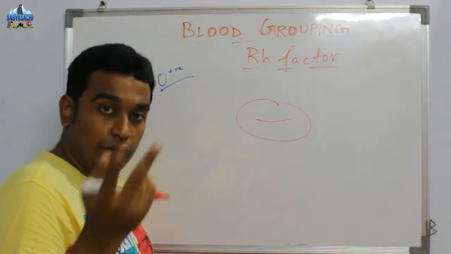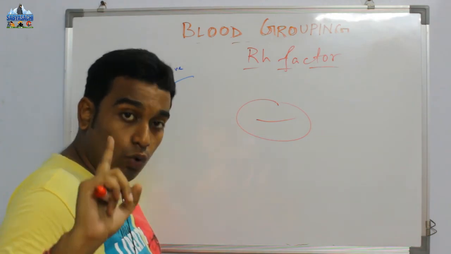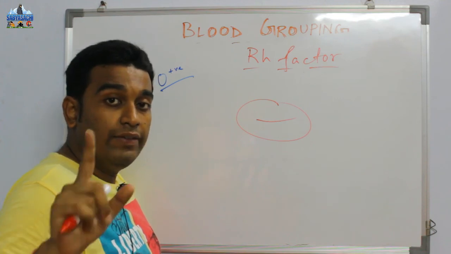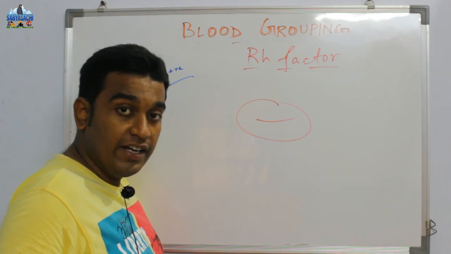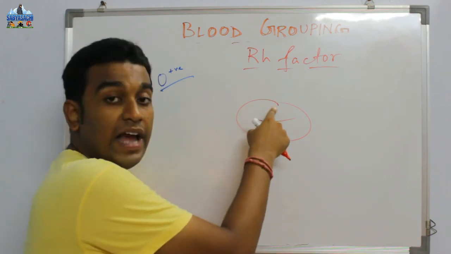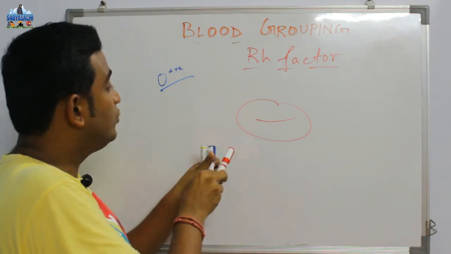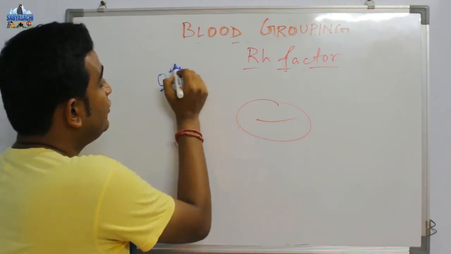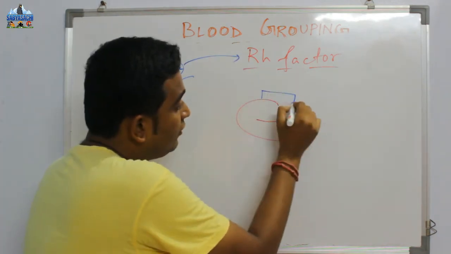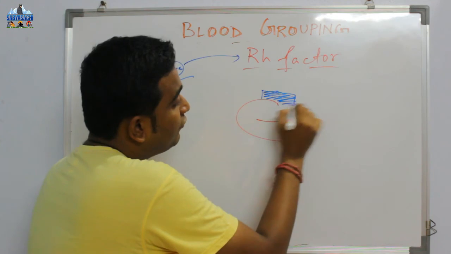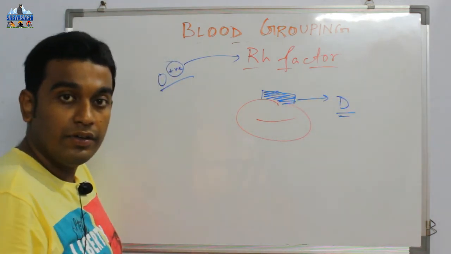O means you know that on the surface of the red blood cells of an O blood group individual, you will not find any antigen. So no A antigen, no B antigen. But can you see this here? It is rhesus positive. So definitely you will have D antigen on the surface. So this is your D antigen. Did you get that?